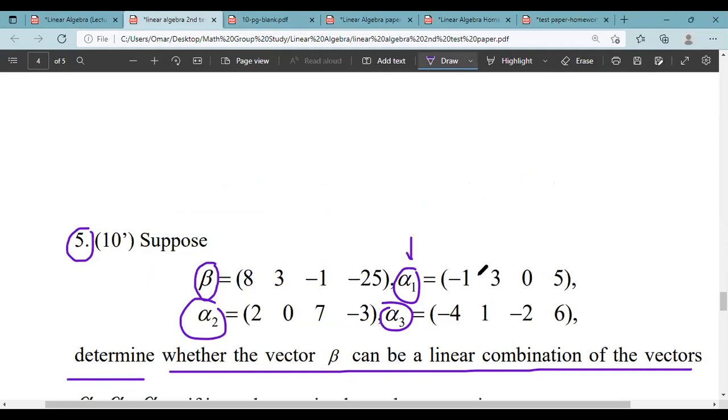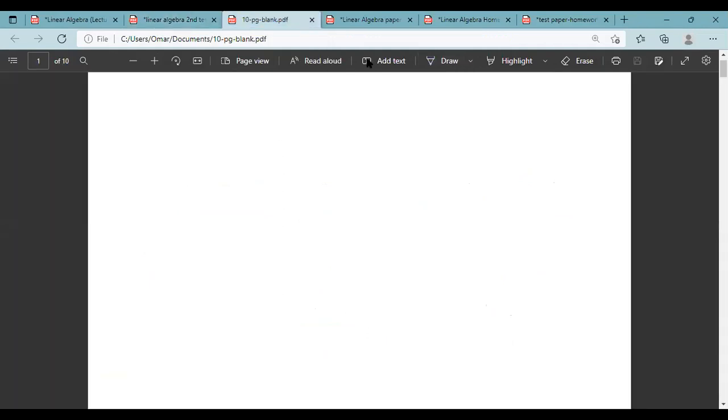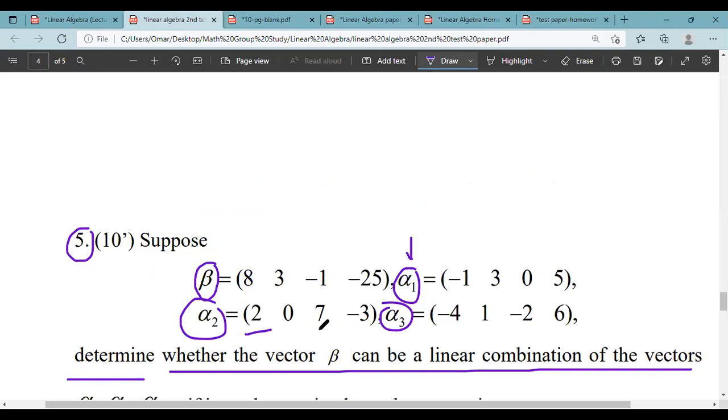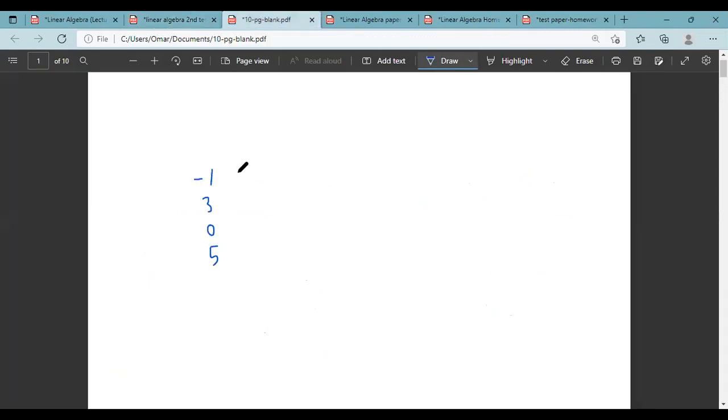Alpha 1 is minus 1, 3, 0, 5. Then alpha 2 is 2, 0, 7, minus 3.